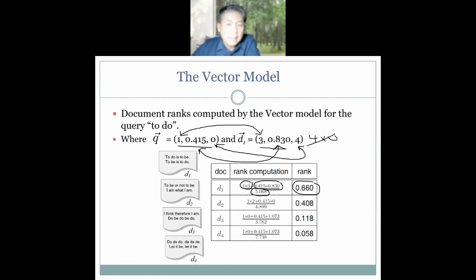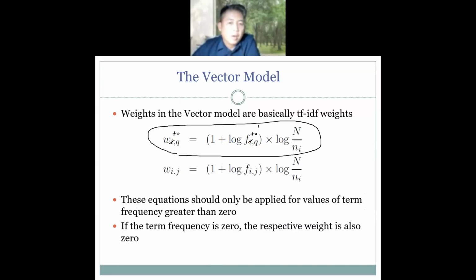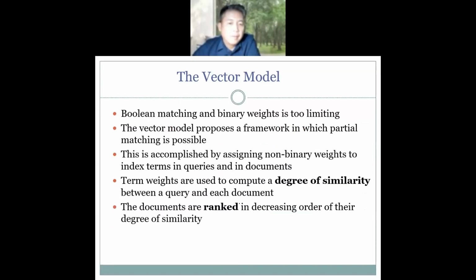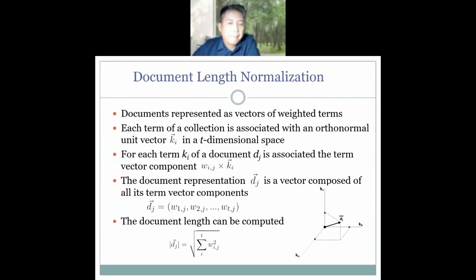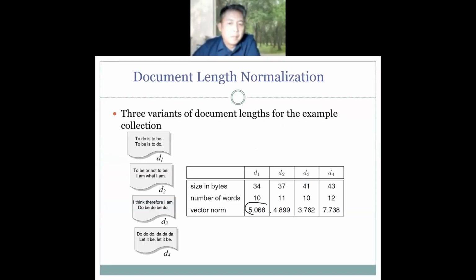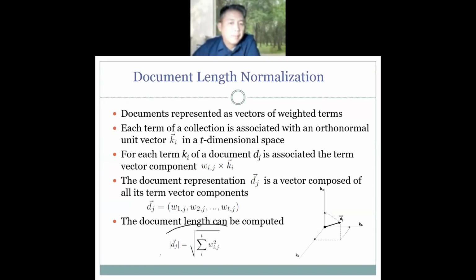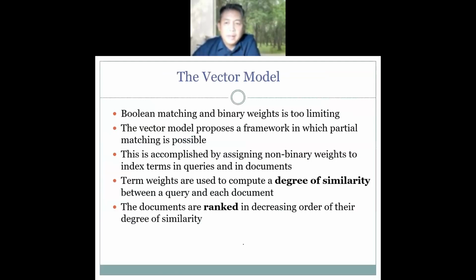This is the length of document 1, which we computed here using this formula.